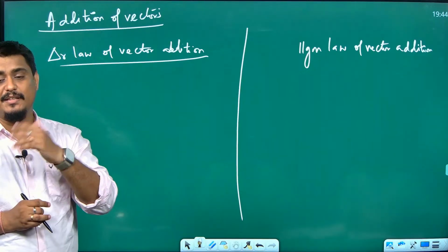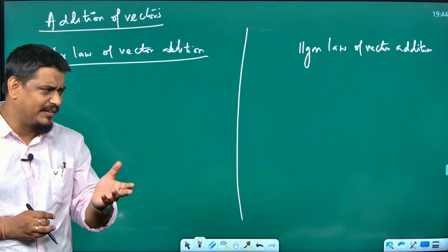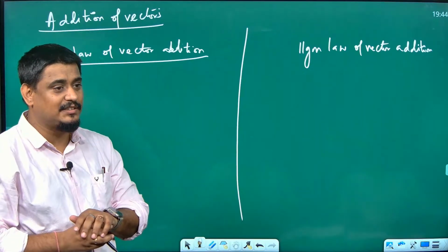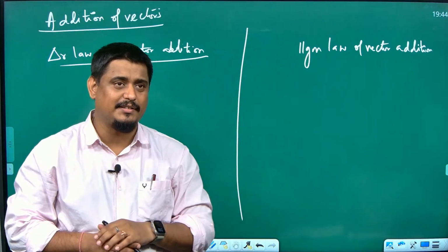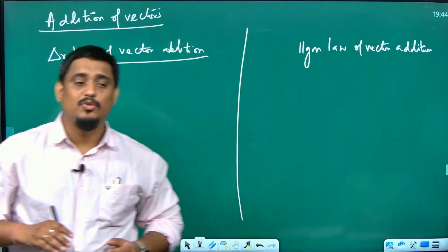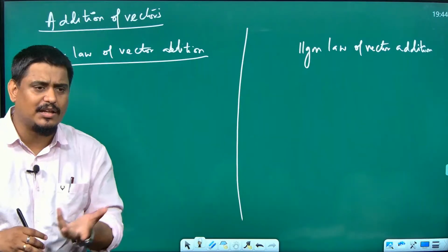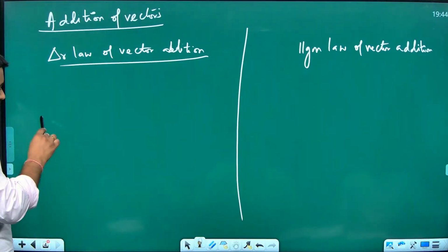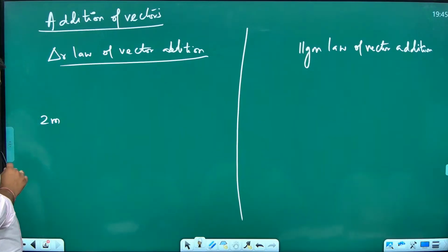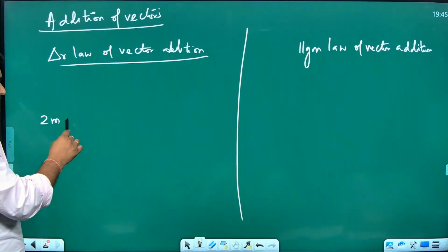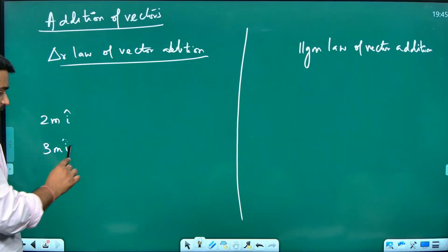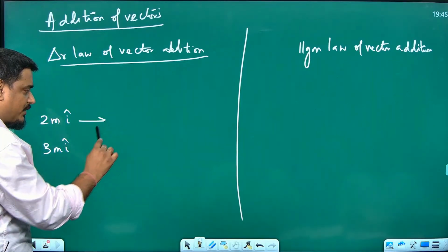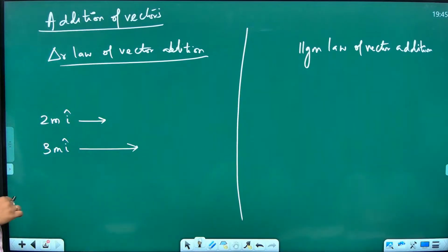Not in CBSE, but in some boards, I think in IB, Mr. Krishna will understand this. Shri Krishna would have learned about vectors in his 9th itself, am I right? Yes, sir. So, when you learn about vectors in smaller classes, they will tell you, if I have 2 meter I cap displacement and another 3 meter I cap, then I will draw a smaller line for this and a bigger line for this.